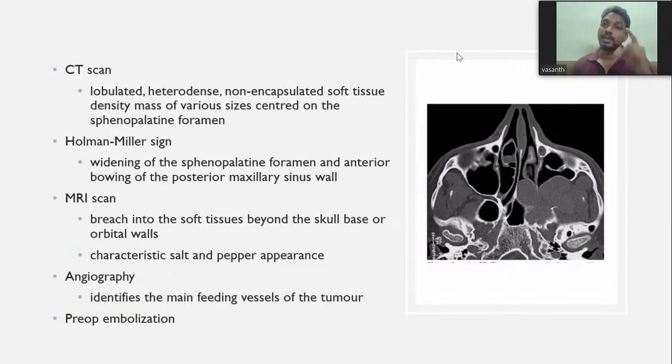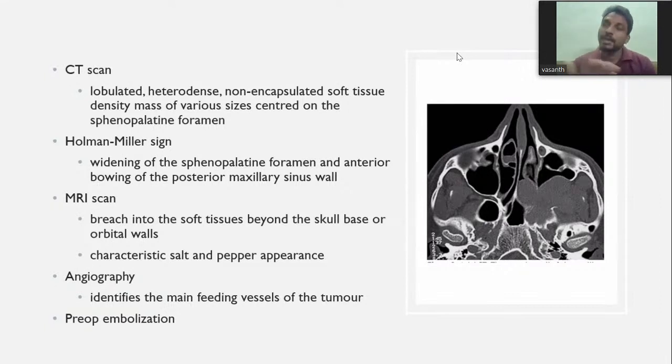When there is an intracranial extension, we do an MRI. When there is an orbital invasion, we do an MRI. And it has a characteristic salt and pepper appearance in the MRI.